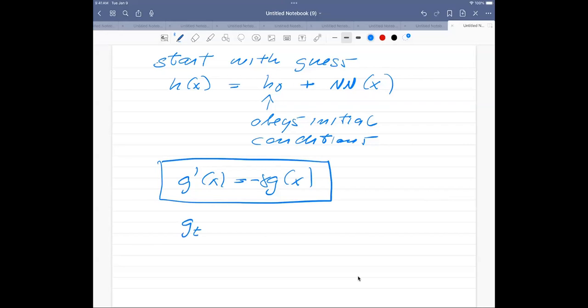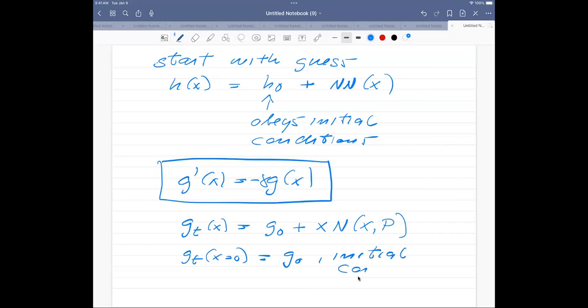Then we give a trial g_t of x, which is given by a constant plus x multiplied with a neural network of x as input, and p is given by the architecture of the network. p could contain a certain number of hidden layers, a certain number of nodes, activation functions, etc. We see immediately that this one is just a constant, which we want to have when g_t at x equals 0 is simply equal to g0. That's the initial condition. So we would use this g0 to set up the requirement which has to be obeyed when x equals 0.